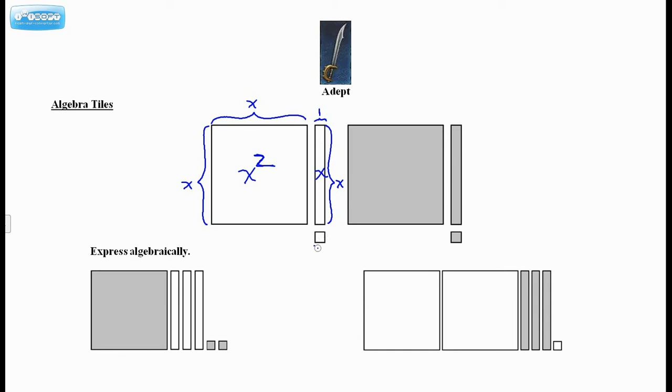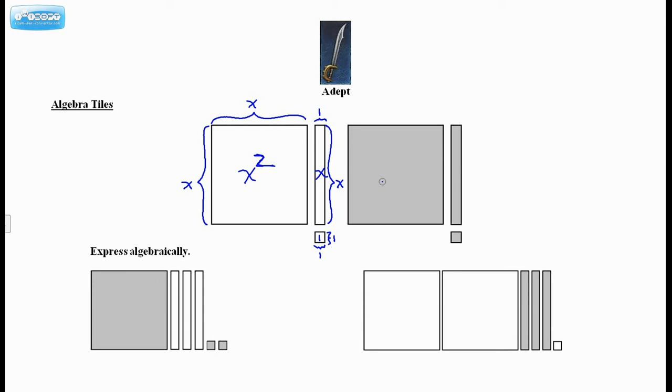And this is 1, and this is 1, so the area of this square is 1 times 1, which is 1. So we have x squared tiles, x tiles, and we don't call these 1 tiles, we call these unit tiles.